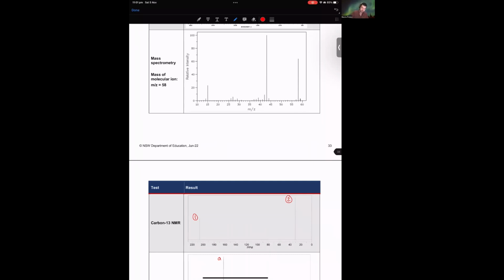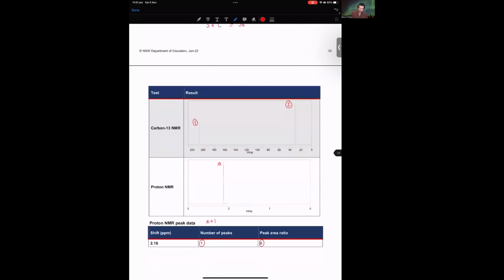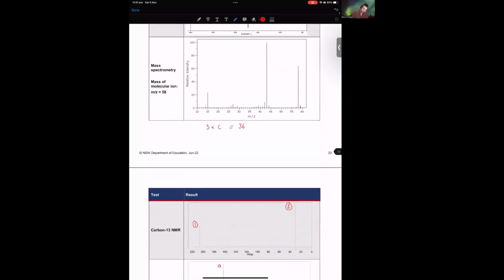It looks roughly twice as much. Often at this stage you just need to trial and error a little bit. If we say there are 3 carbons, that would account for 36. We can see that we've got 6 protons, so 6 protons equals 6, and we're at 42.